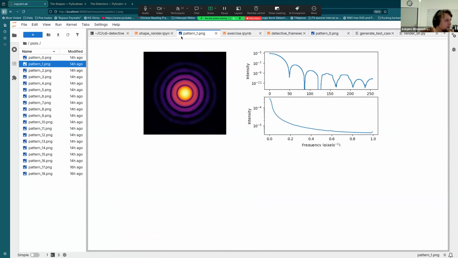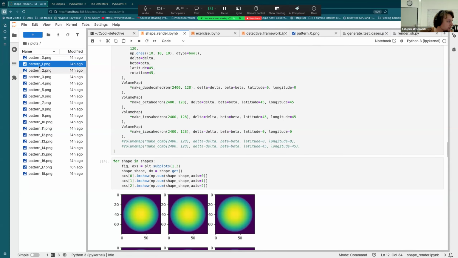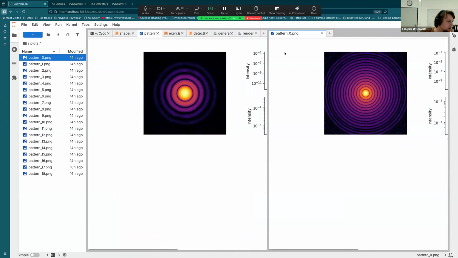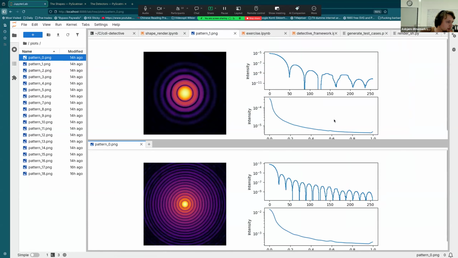This next one is probably only interesting if you're really trying to fit to it. You might notice there are different frequencies. What does this tell us?